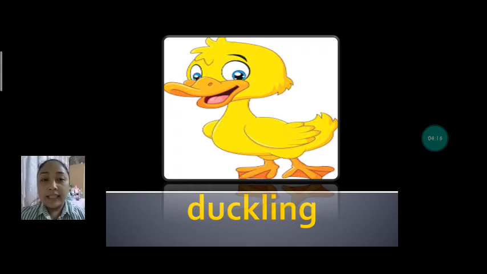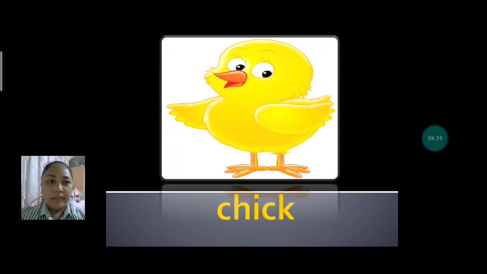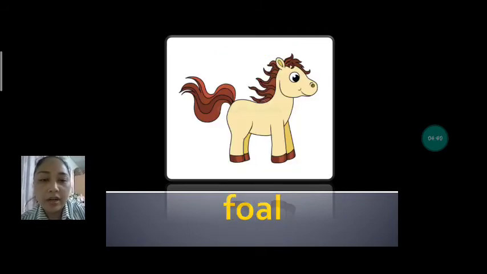Can you spell duckling? D-U-C-K-L-I-N-G. Duckling. Next we have chick. Spell chick. C-H-I-C-K. Chick. The last one we have is foal. What's this? Foal.